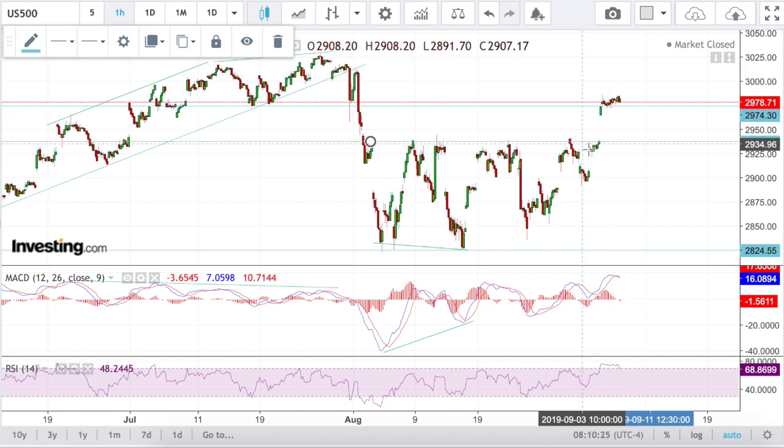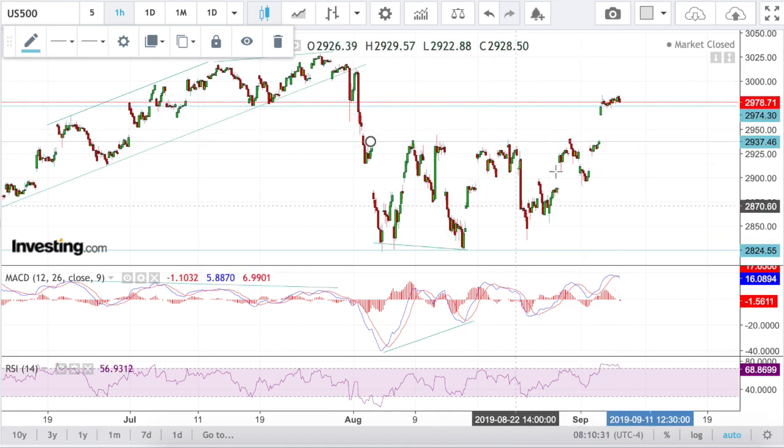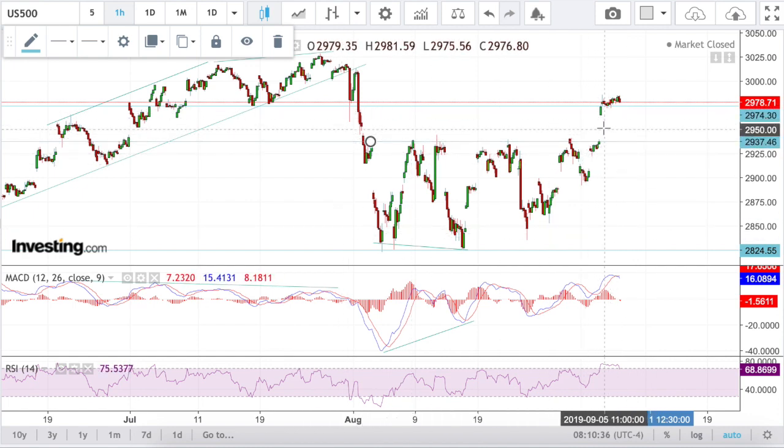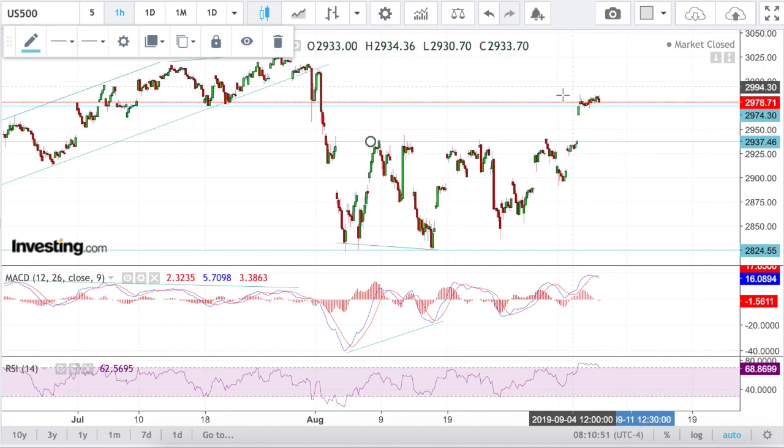Now, one problem that I do see with this breakout is the fact that we gapped up, but there is no follow through. What I like to see when you break out a level that everyone is watching is an impulsive move up across the level, or a gap up, and then a follow through afterwards. What we're seeing now is that we've gone virtually nowhere after the gap up, which is not a very good sign. It could be that we are just working off the overbought conditions on the hourly chart, which is definitely the case.